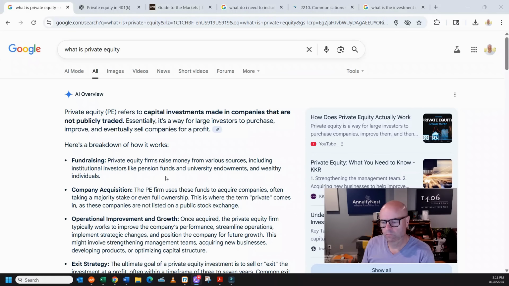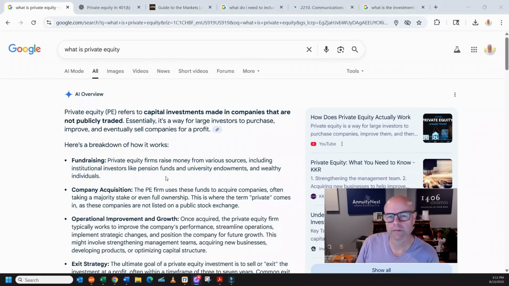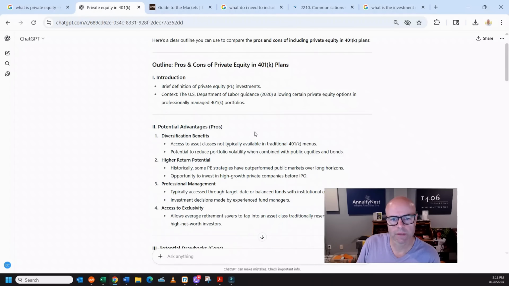But there are great companies out there that are privately held that you and I really can't easily buy. So they're coming up with ways to do this. It's going to be through funds. And now to raise money for that, of course, the fund managers want more management fees and all that. So they're going to make these conveniently available in your 401k plan. So that's what private equity is. But let's talk about this.